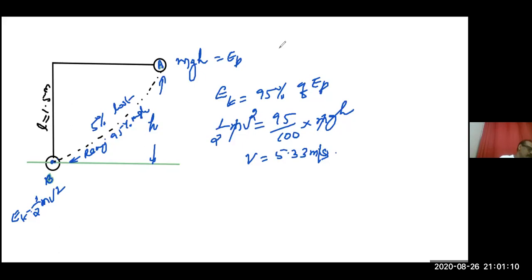Sir, I got root 28.5 meter per second. Yes, sir, 5.33 only. Next question.